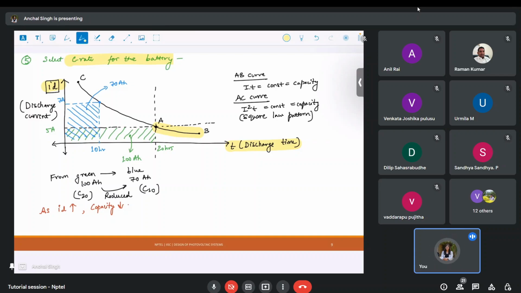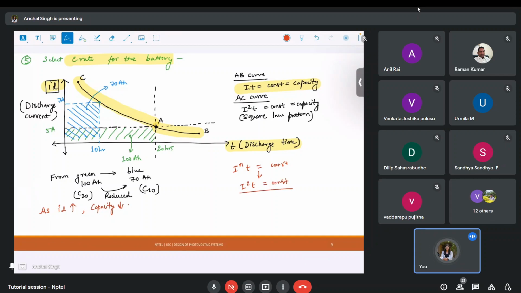That is, you could just say I into t is constant, and from the part of the curve from A to C, that is the region in which discharge current is of higher magnitude, after crossing the point A towards C, if you look, then the characteristics is no more linear. It sort of follows this I to the power n t equal to constant, where for simplification n could be treated as a square.